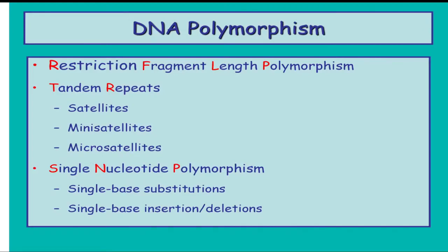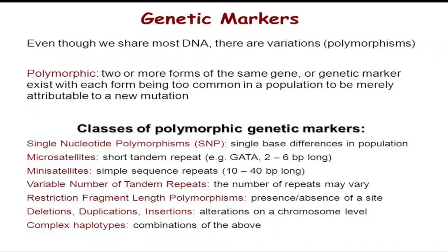There are many types of polymorphism. These are restriction fragment length polymorphism, tandem repeats, single nucleotide polymorphism. Single nucleotide polymorphism is single base differences in a population. Microsatellites, short tandem repeats, are 2-6 base pairs long.